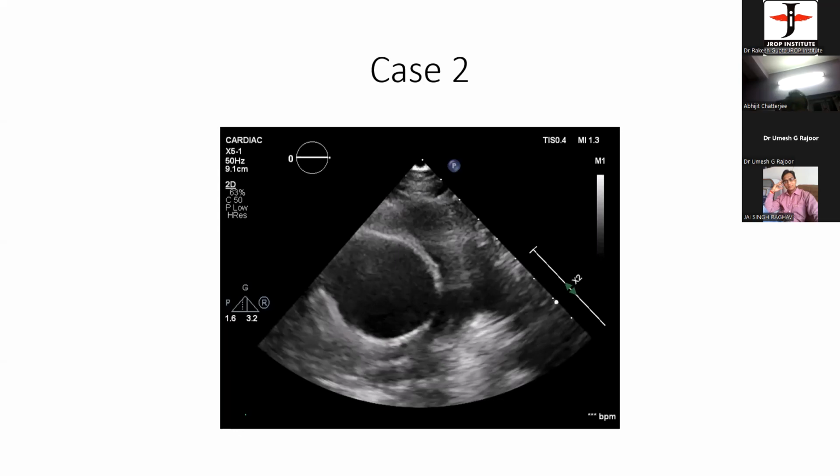If the stenosis is subvalvular, then it will be a contraindication. What else? Severe calcification. Then what else?